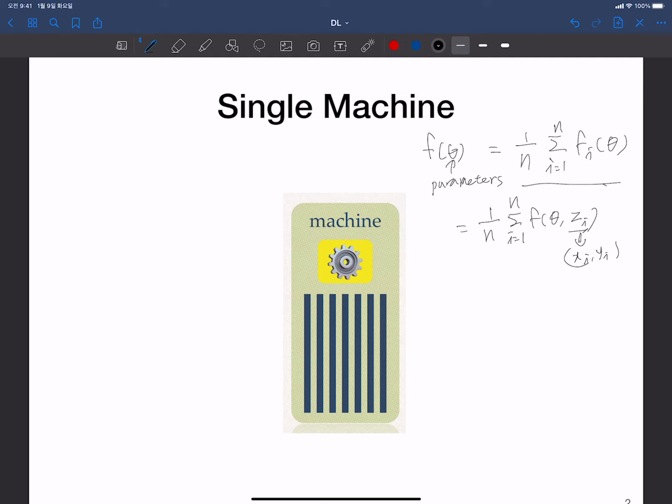We usually utilize first order methods, so we compute the gradient vector at each time, and then using this gradient vector we update parameters. So every time we compute the gradient of f zeta t and update zeta t plus 1 using zeta t minus step size times gradient f zeta t.